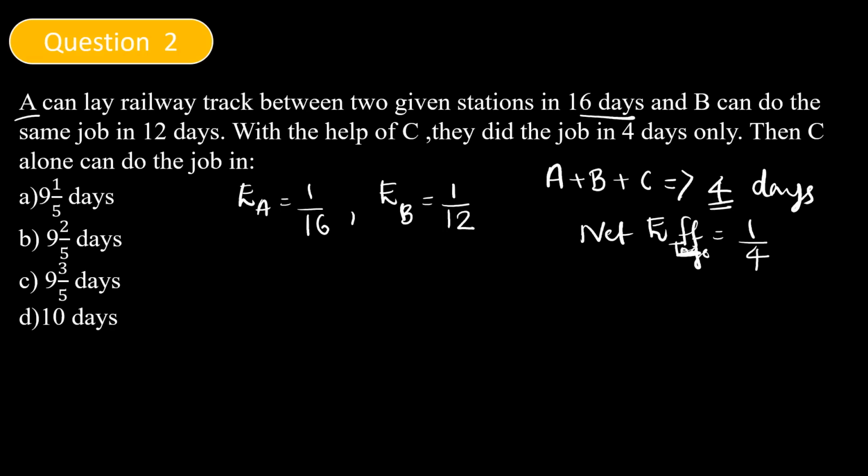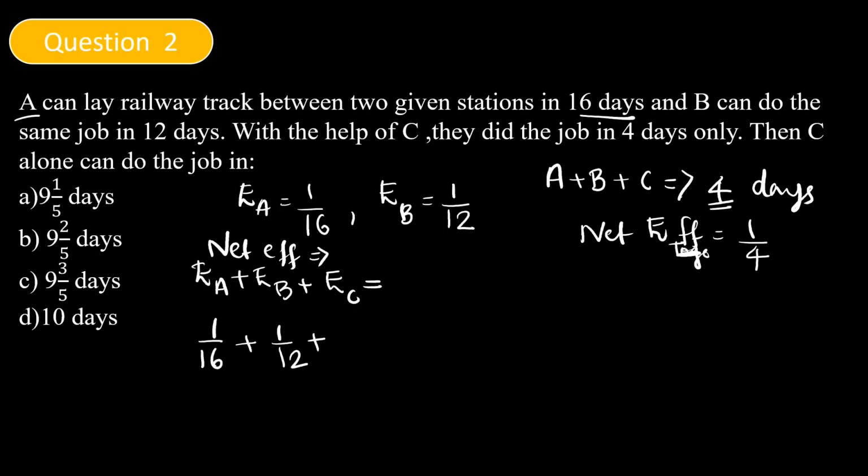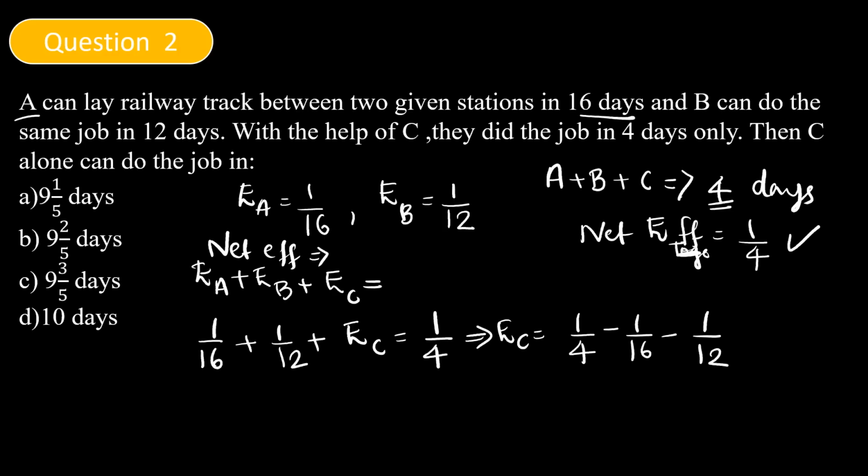So here the net efficiency will be efficiency of A plus efficiency of B plus efficiency of C. This is equal to 1 by 16 plus 1 by 12 plus EC, and the net efficiency is given as 1 by 4. Now we will find EC. Efficiency of C is 1 by 4 minus 1 by 16 minus 1 by 12.